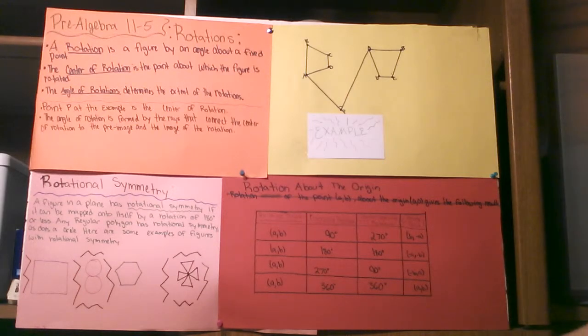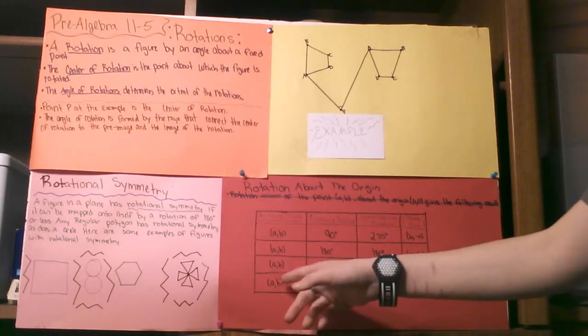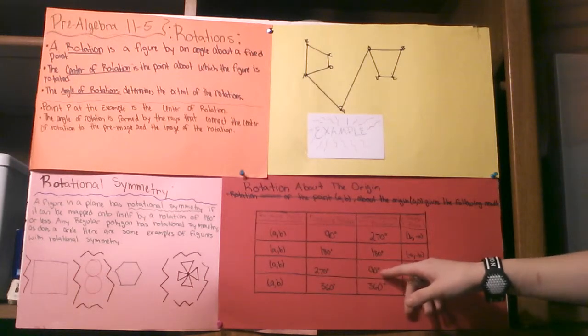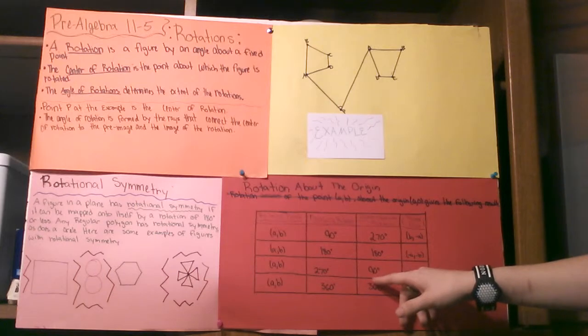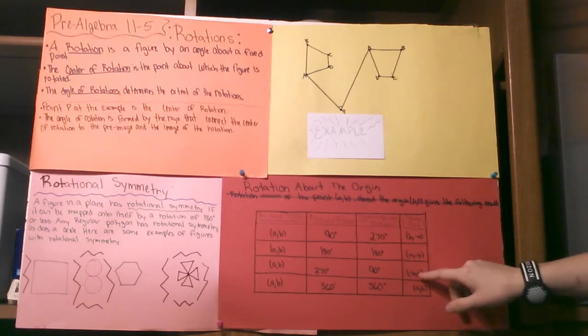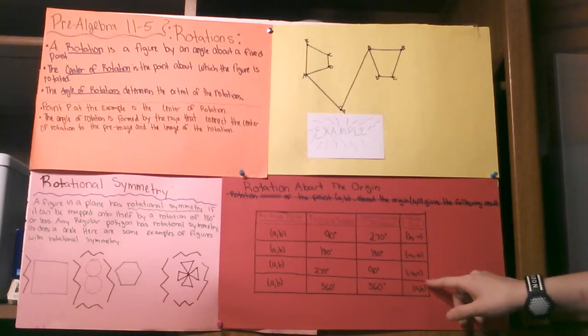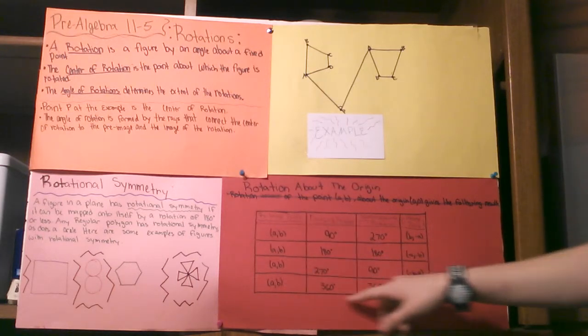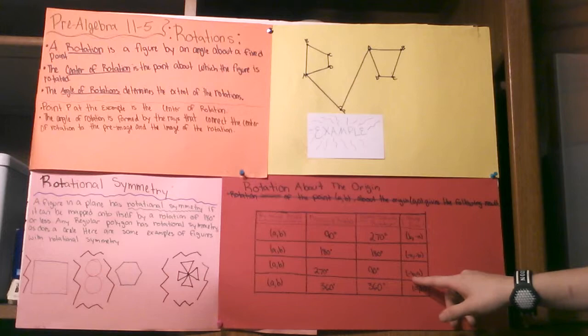Then, same thing with the pre-image point, (a, b) again. The clockwise rotation of 270, or the counterclockwise rotation of 90, would give (negative b, a). If you were using 3, 4 again, it would be negative 4, 3.